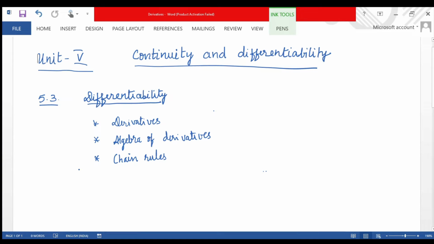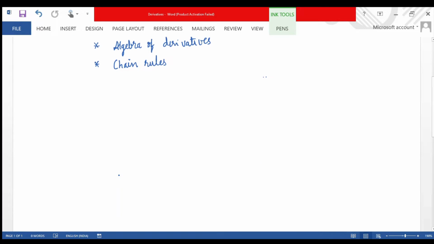First, let's recall what a derivative is.